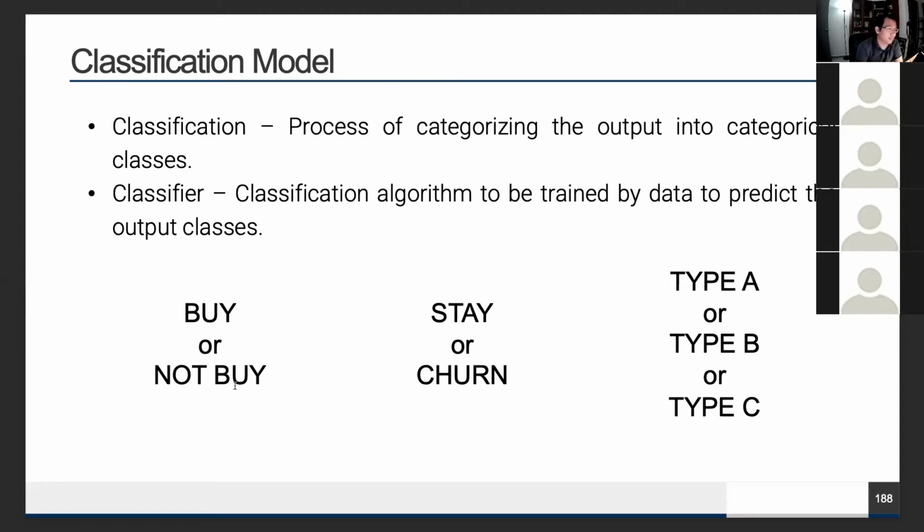Sometimes we call this a binary class because we have either 1 or 0, buy or not buy, stay or churn. Ada dua sahaja kemungkinan dia. Sometimes there are multiple classes. This is what we call a multi-class problem.